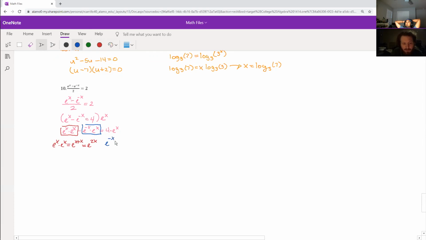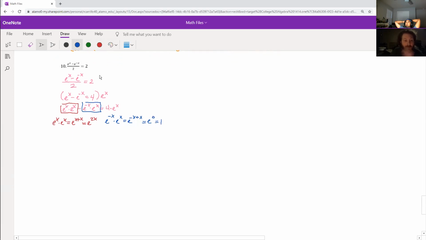E to the negative x times e to the x equals e to the negative x plus x equals e to the 0 equals 1. Okay, that way you can see it in two different ways. Go back to pink. So this is e to the 2x minus 1 equals 4 times e to the x.